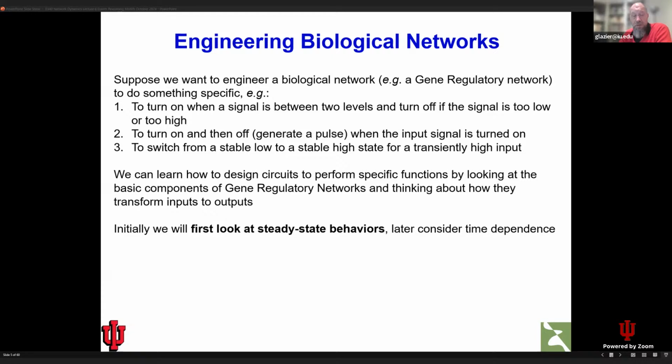For an intermediate input, it's on, and then for a high input, it's off again. We might want to go from something that's more or less continuous in time to something that is variable in time. So we turn something on, it generates a pulse, and then stays off after that. Or we might do the other direction, which is we have a pulse as a signal, and we want that to switch a circuit from low to high, or vice versa.